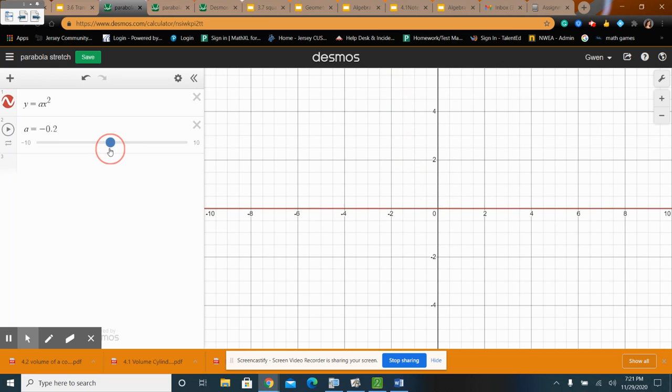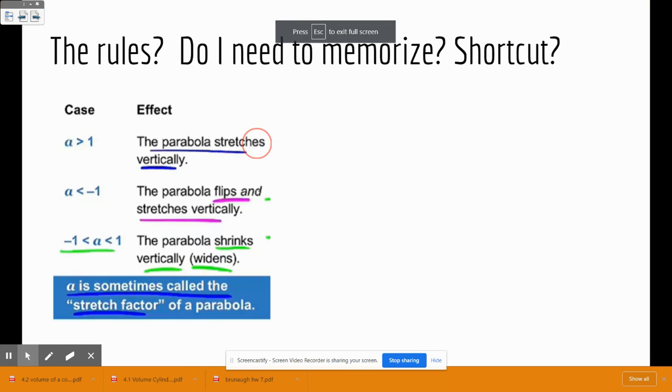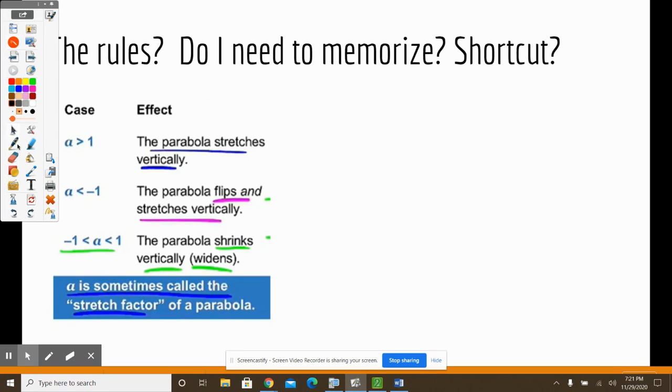If it is less than 1, it gets wider because the rate of change is slower. Okay, so how do we relate that to our graphing? Well, let's sum it up first. If A is bigger than 1, it's a vertical stretch. If it's negative, obviously it flips and stretches. And if it's between -1 and 1, those fractions less than 1, then it's going to get wider.